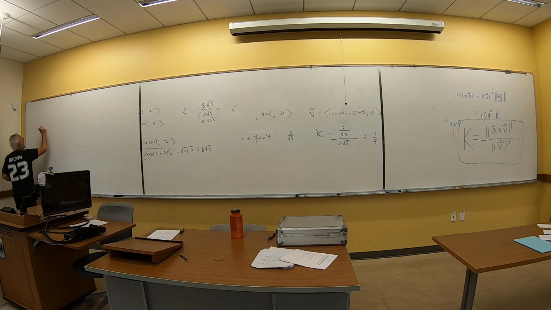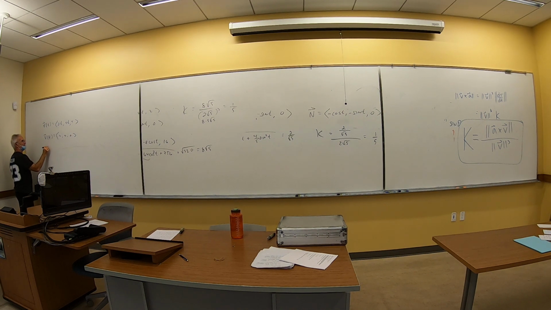All right, let's suppose now, I'm going to give you a simpler R of T. R of T is 2t, 4t, 4. I'm going to throw a constant in. Okay, I took everything down a notch, the exponents and things like that. What's V of T? 2, 4, 0.